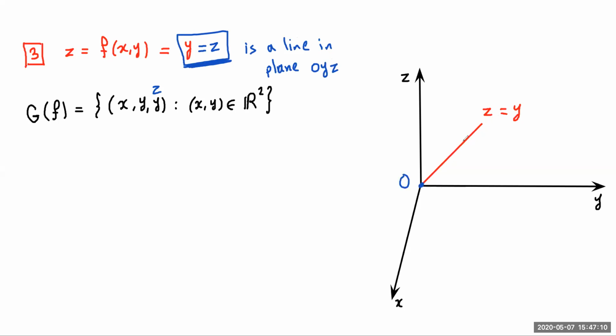After sketching this line, if I take all the points (x, y, y), with x any number, let's move this line parallel to the x-axis. If we move this line parallel to the x-axis, we will have something like this.